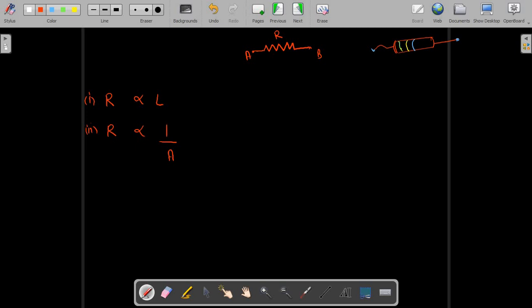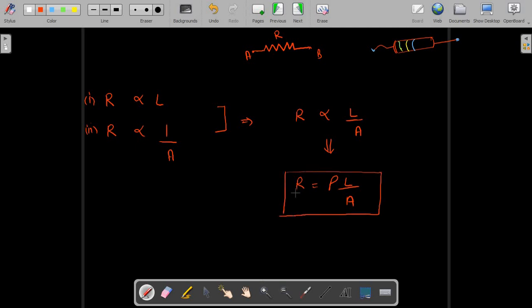Based on this, can I make the formula R proportional to L by A? There has to be some constant, and that constant is rho. Rho is called the resistivity of the material. What does resistivity mean? Resistivity means how much resistance any material applies to the circuit.